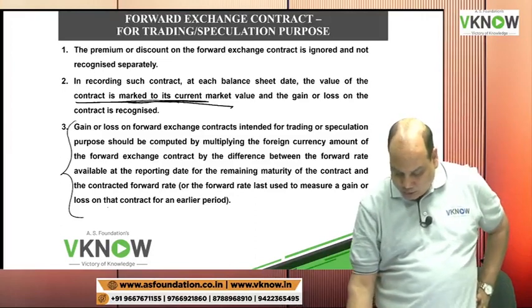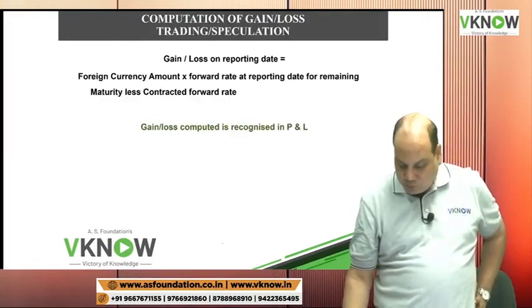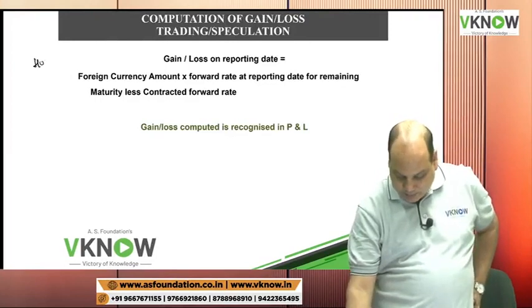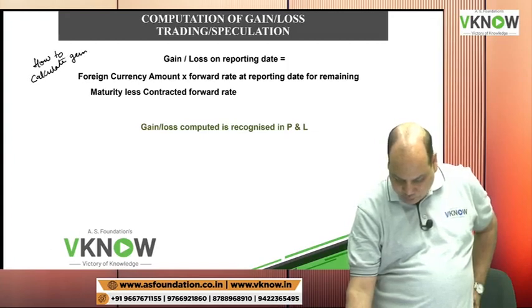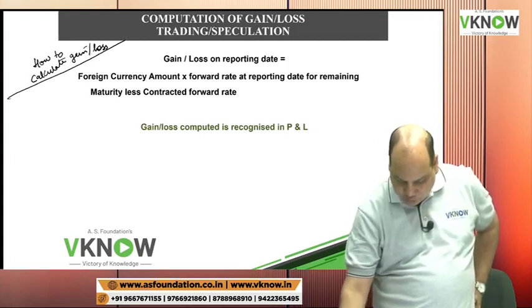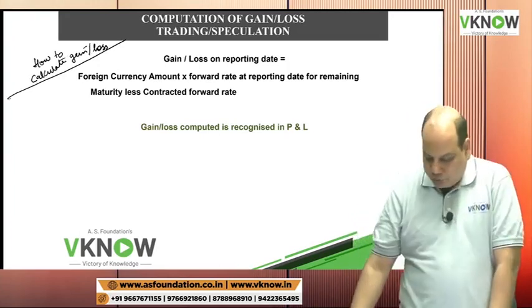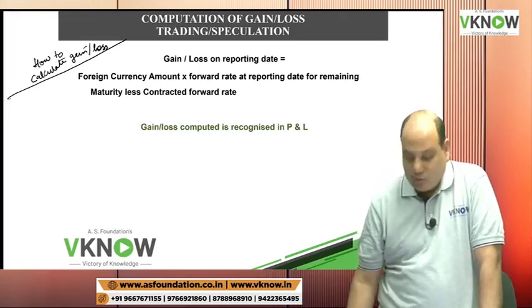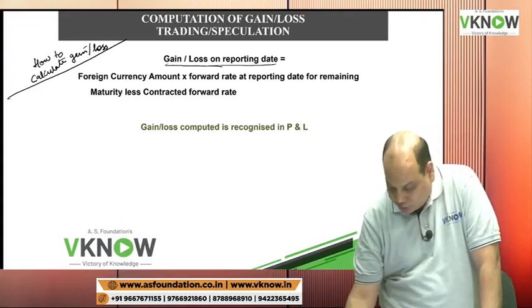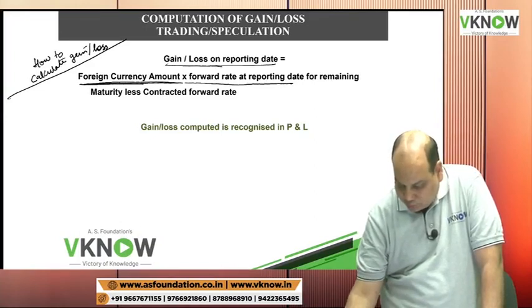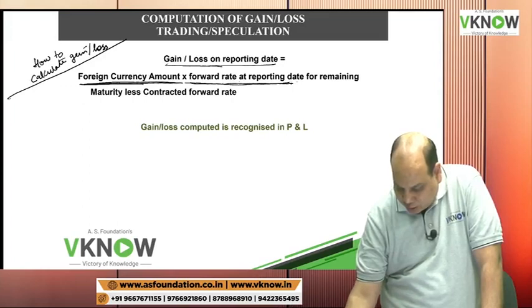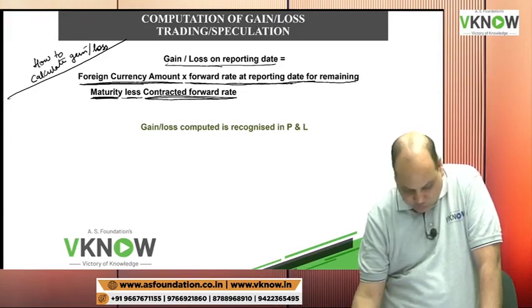How to calculate the gain or loss? I have given a small formula in your book. Gain or loss is equal to foreign currency amount into forward rate at reporting date for remaining period of maturity, minus the contracted forward rate.